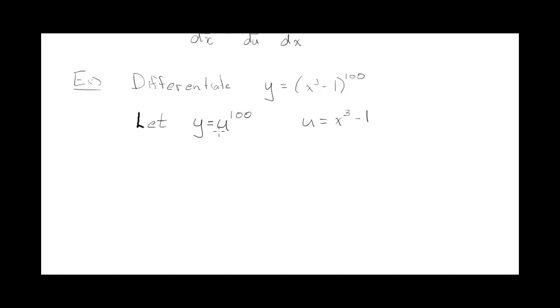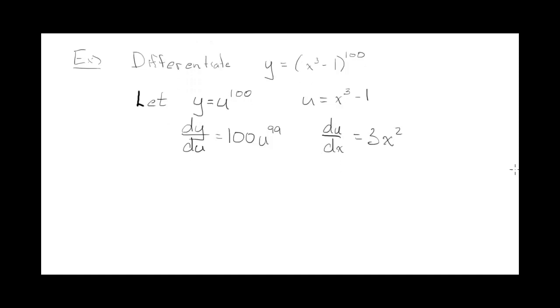So what I'm going to do is take the derivative of each of these two. So dy by du is equal to, so that's just the straight power rule, 100 u to the power of 99, and then du by dx is equal to 3x squared. So what the chain rule tells us is that the derivative of this is just the product of these two derivatives.